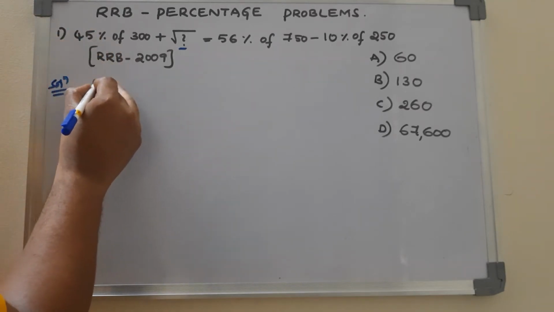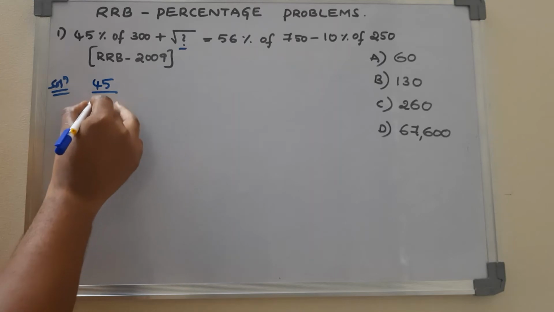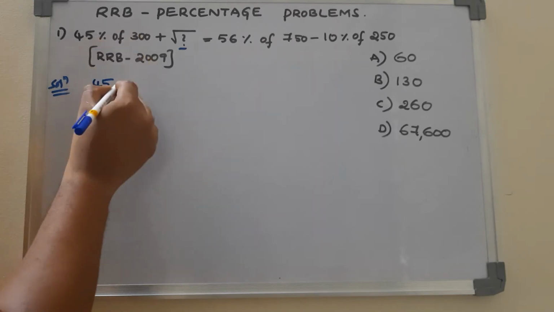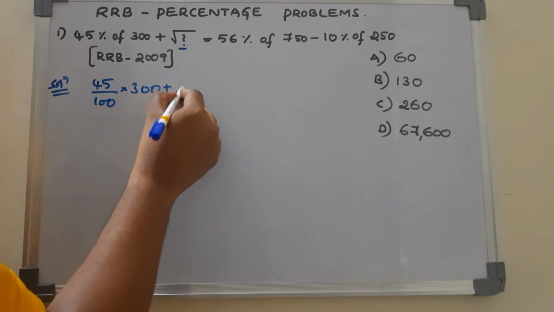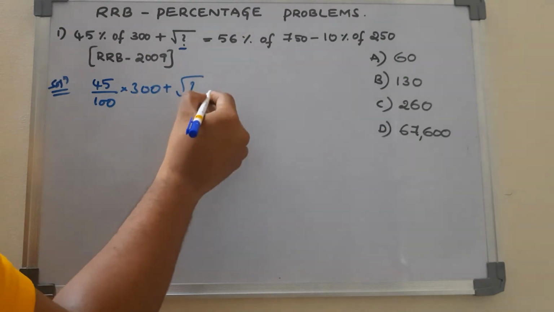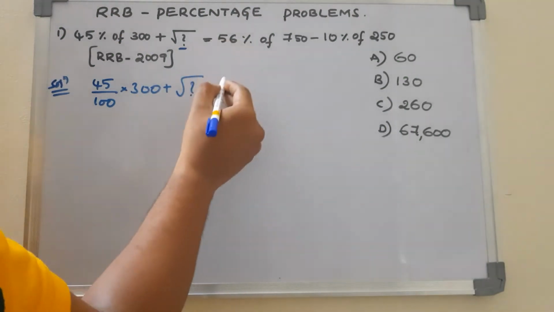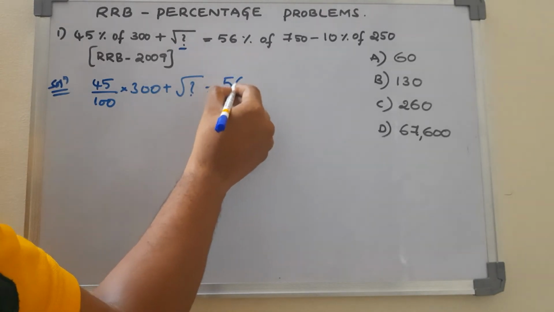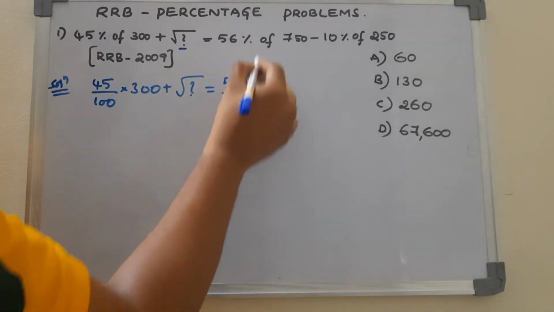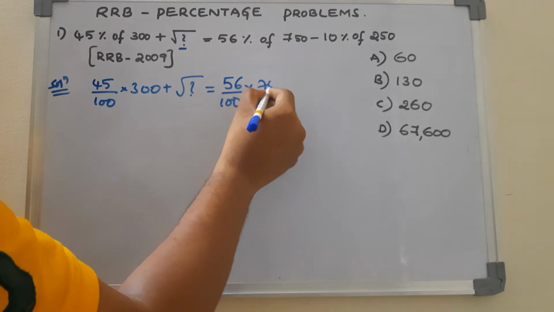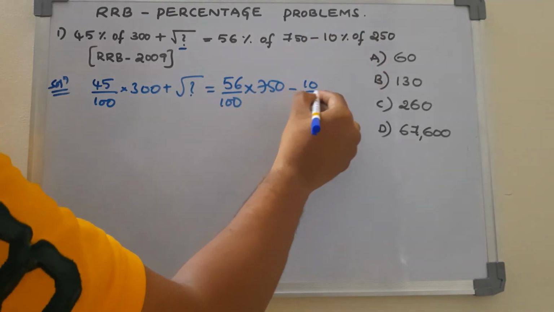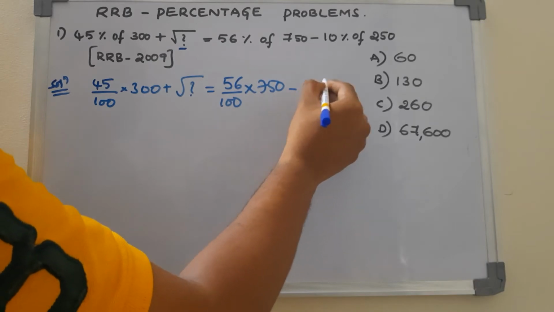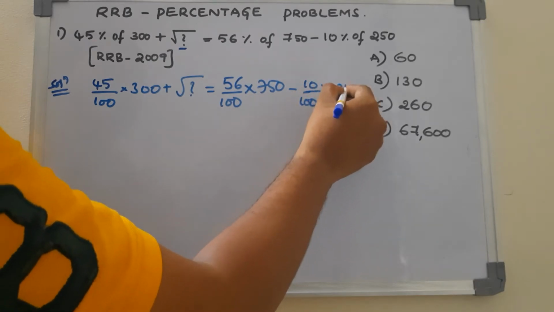45% of 300 plus, we don't know the question mark, we have to find that one, and 56% means 56 by 100 of 750 minus 10% means 10 by 100 into 250, right?